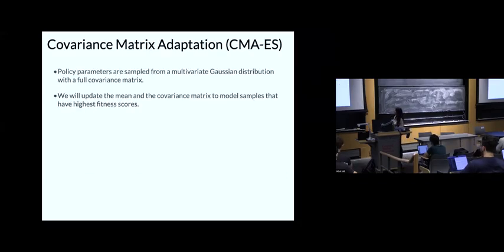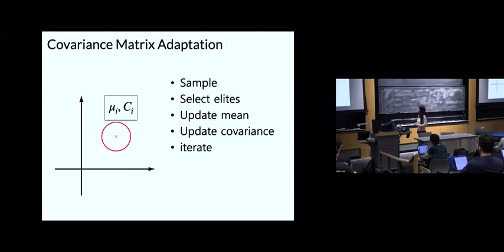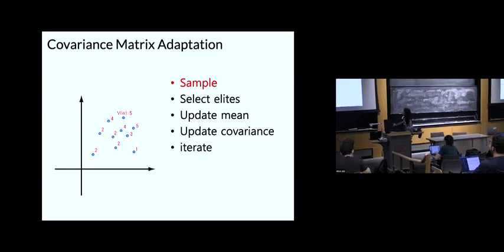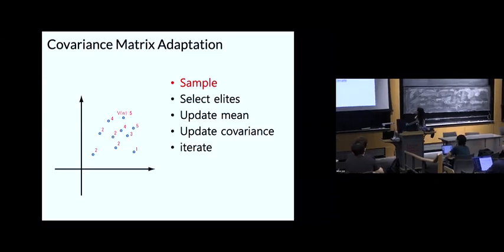Now, covariance matrix adaptation. Nothing different here. The only difference is that instead of having a diagonal covariance matrix, we have a full covariance matrix. That's it. And this is going to show up in the homework also, to see how simple it is. So again, the idea is the same. I have a multivariate Gaussian on my parameter space. I sample from it. I evaluate each sample. So these numbers are the scores, the fitness scores.